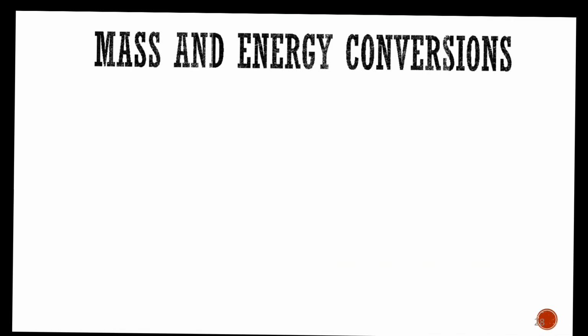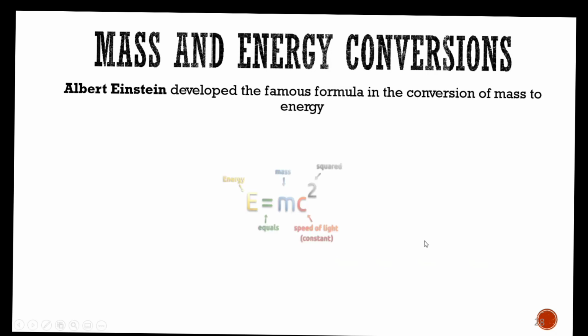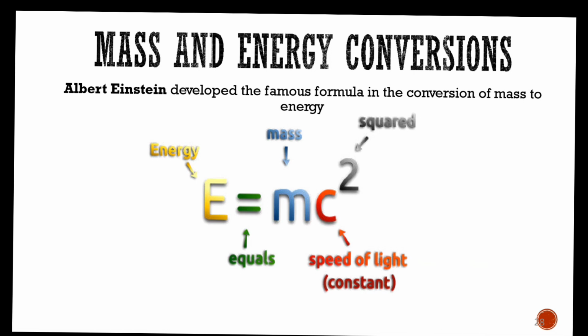For mass and energy conversion, you are familiar with this: E equals mc squared. This is the formula for mass and energy conversion, which was developed by Albert Einstein, and it is known to be the theory of relativity.